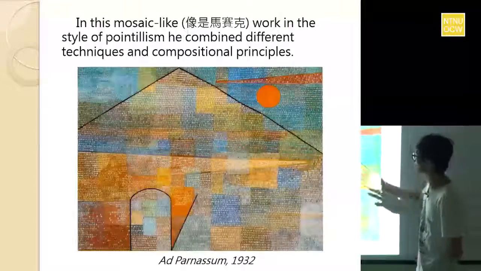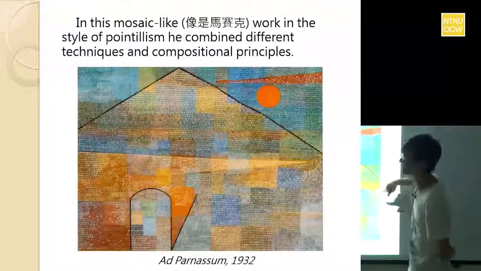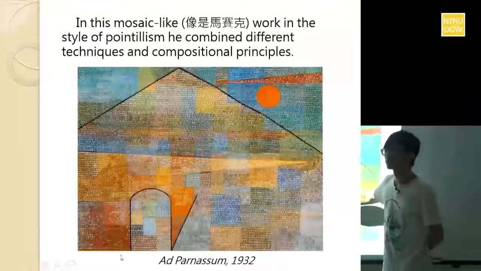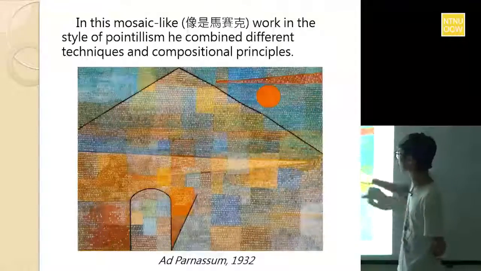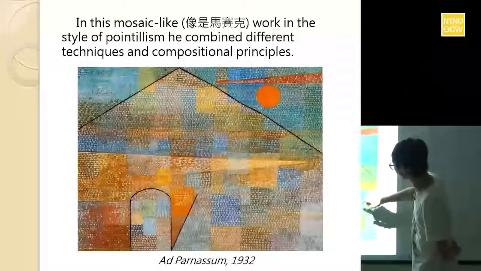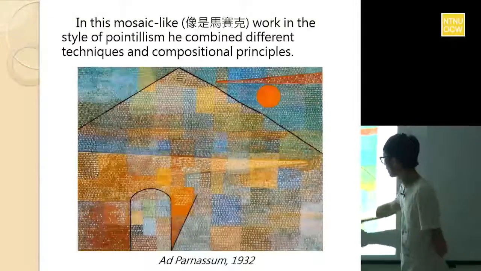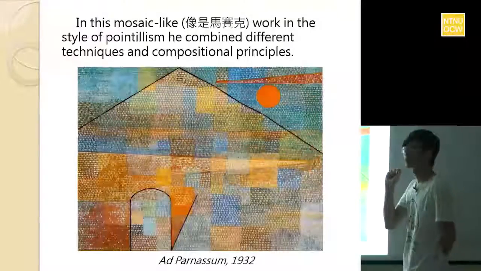This one is Egypt, the Egyptian pyramid. It is very special because he used many points or dots, and also the blocks, the squares, but he used the dots to fill in the blocks.